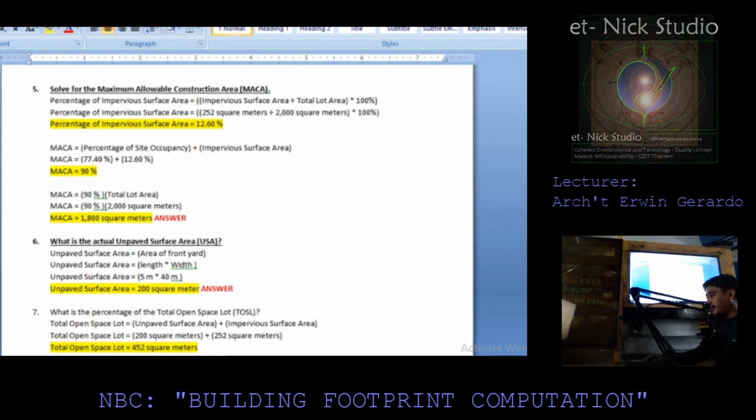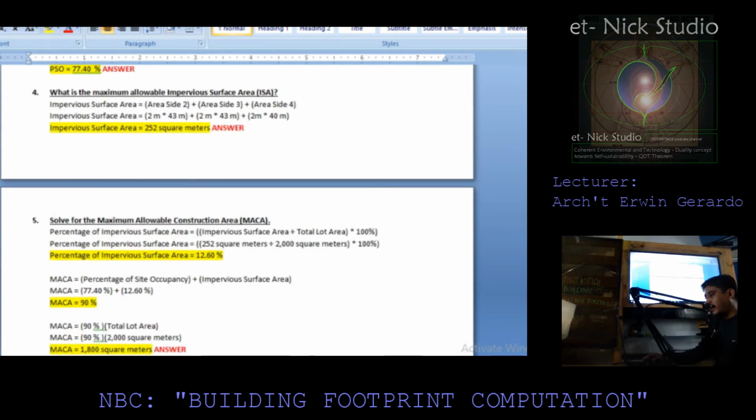So therefore, let us go back where we took 252 square meters. It was taken from this solution. Then we need to divide it by 2000 square meter, which is actually the total lot area, times 100%. So therefore, the percentage of impervious surface area is 12.6%.